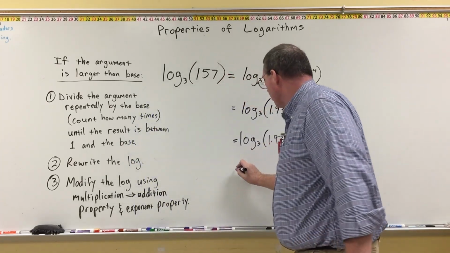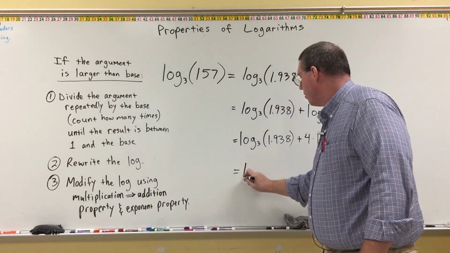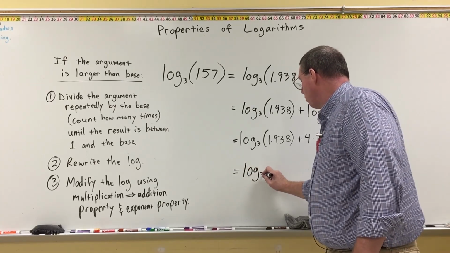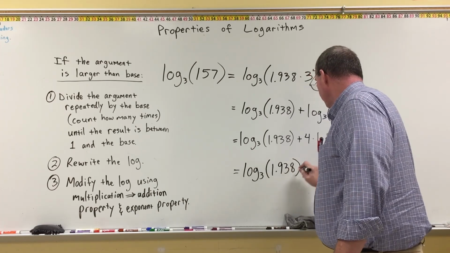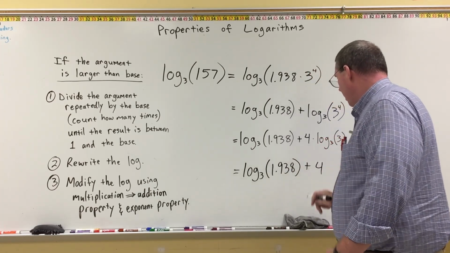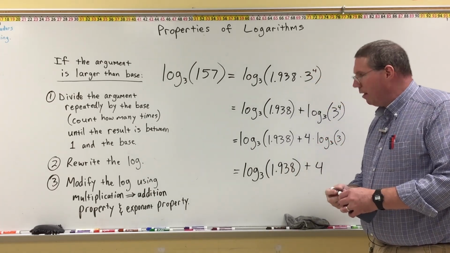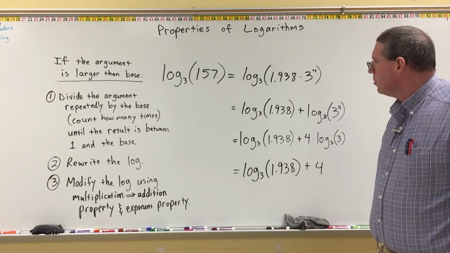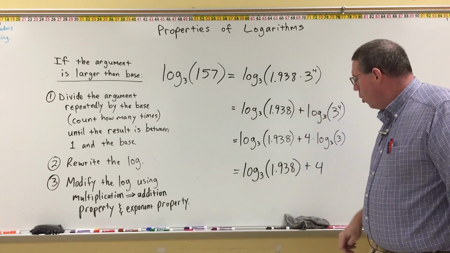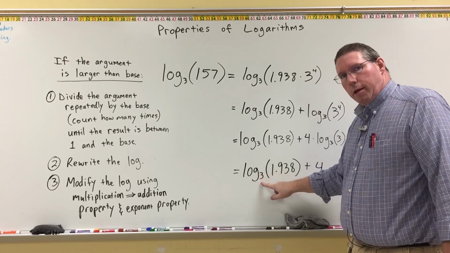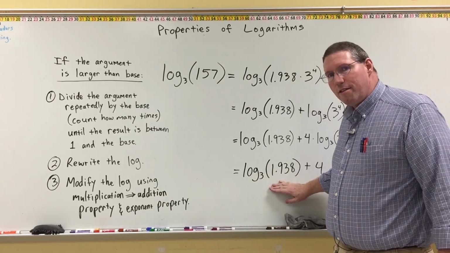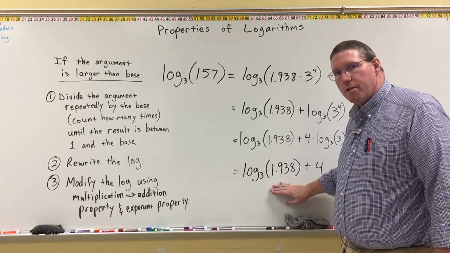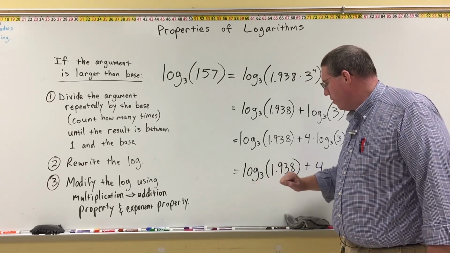So our final answer, the way you're going to have to write it, is going to be log base 3 of 1.938 plus 4. And then here's the interesting thing. You might say, well, what did we accomplish by doing this? Well, watch this. We know that log base 3 of 1.938 is between 0 and 1. This is a number that's between 0 and 1.